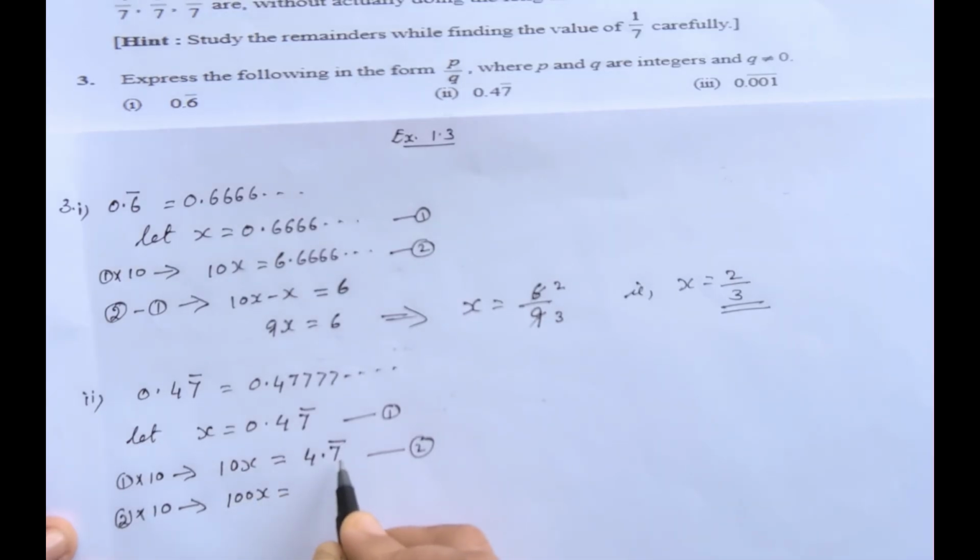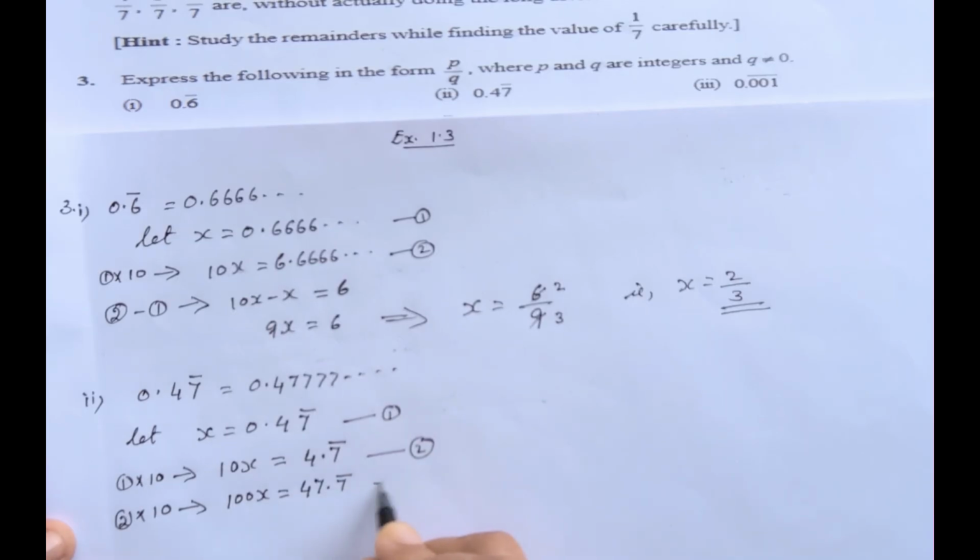On the right side, 7 bar means 7, 7, 7, etc. When multiplying by 10, one 7 has to move to the left. That means 47 point, again 7 continuing, repeating. So we can write 47.7 bar. That is equation number 3.